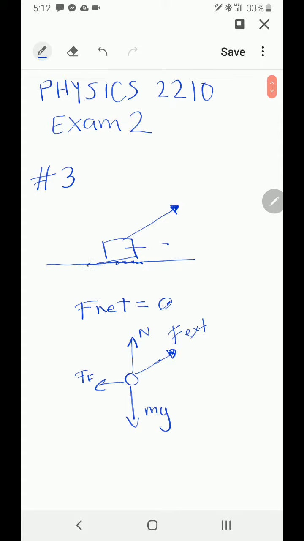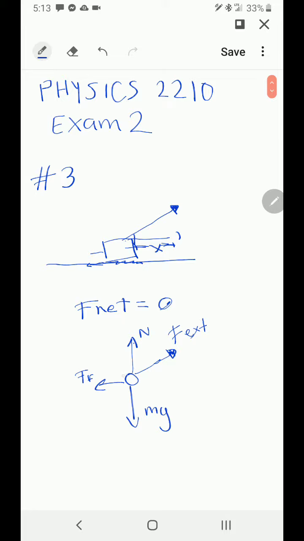Because if this force, in the x coordinates, is bigger than or equal to the friction force, the object will move. And then the normal force here has to be less than the force of gravity.